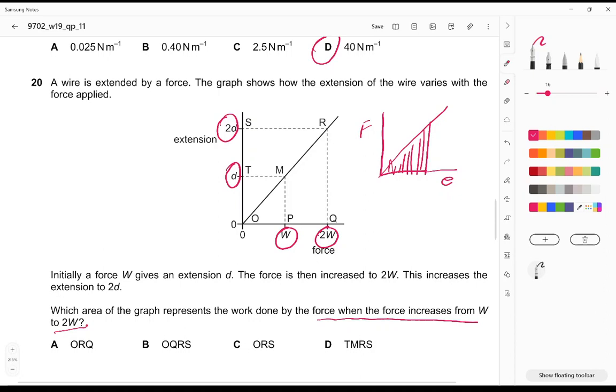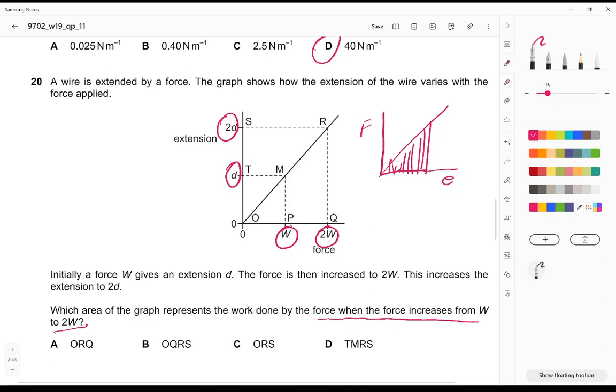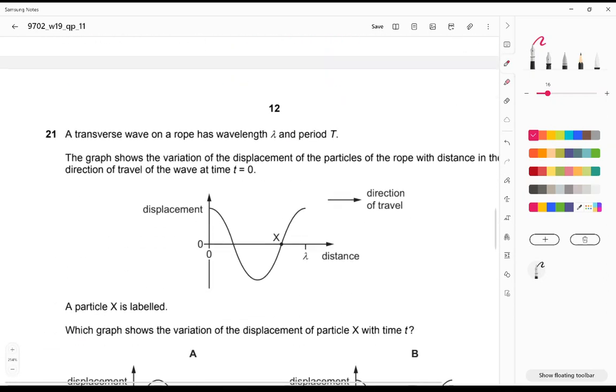But the question tells me that when the force increases from W to 2W, so that means this is W to 2W. So that means we need to concentrate our attention on this area only. So this area is actually TMRS, and TMRS is also found here. Be careful, this is the extension force graph, so the axes are flipped.